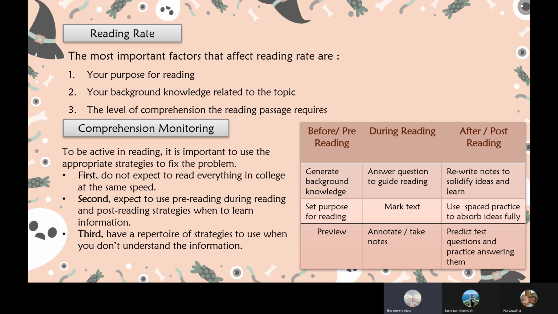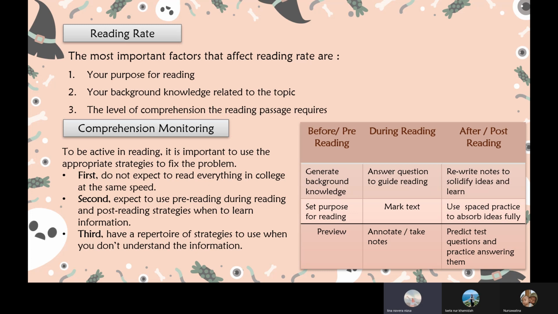And the most important factors that affect reading rate are: first, your purpose for reading; second, your background knowledge related to the topic; and third, the level of comprehension the reading passage requires.